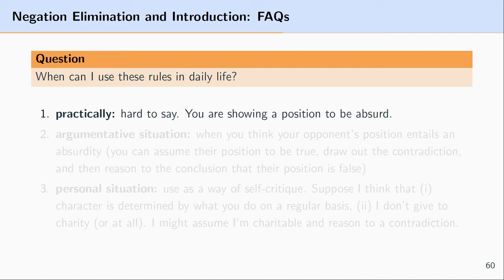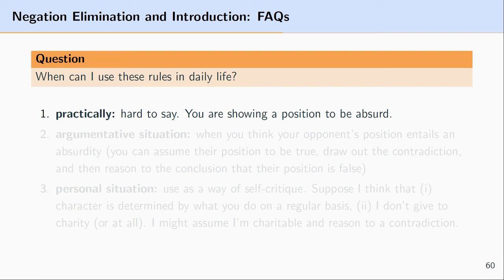Because you're saying, okay, let's accept what you're saying is true, but look, it leads to a contradiction that is utterly irrational. So either you accept this irrationality or your view is wrong.